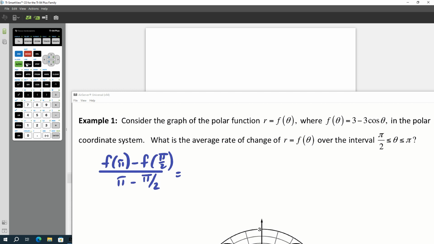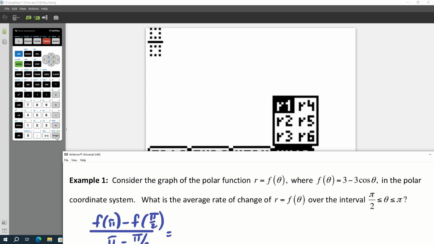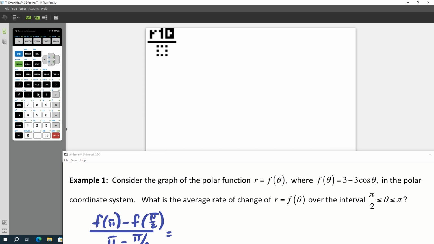Okay, so what we would do on the home screen is go ahead and get our fraction bar. And then we just put that function into R1. And so this is kind of cool. Where we used to go to get Y1, if we do alpha trace, our choices are R. That sounds weird. So they're in R1.